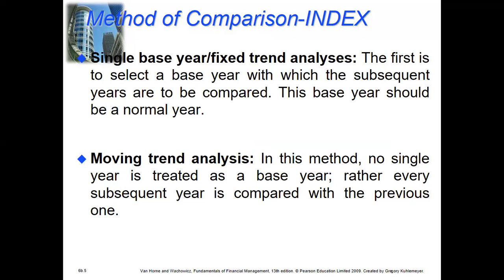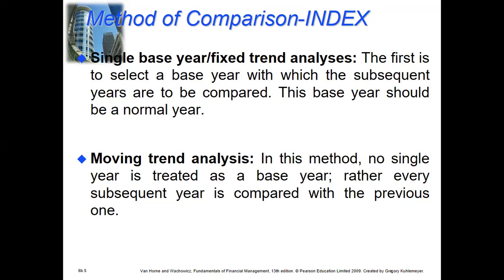We could have four years, from 2023, 2022, 2021, 2020. Then we would select the oldest year, which in this case will be 2020, as the base year, which we would compare all the other years to.